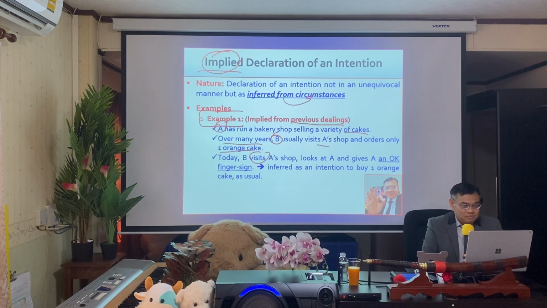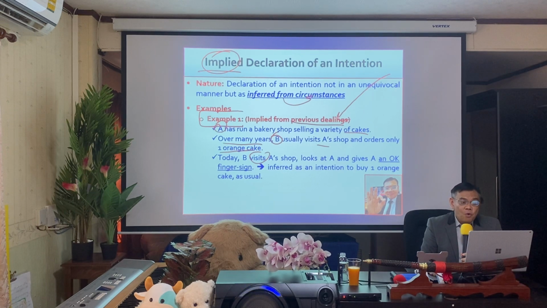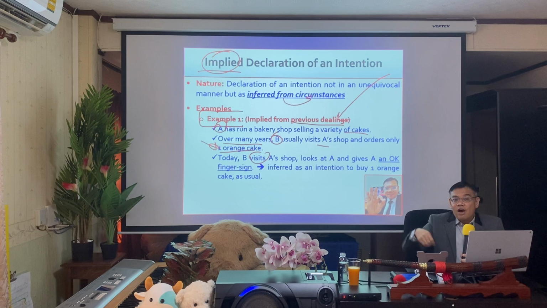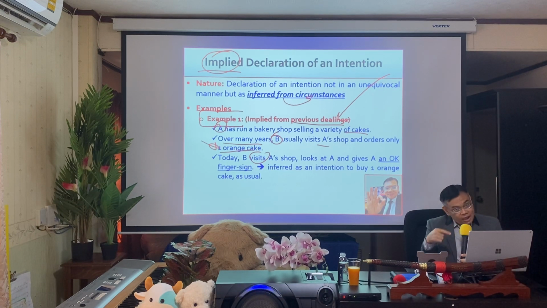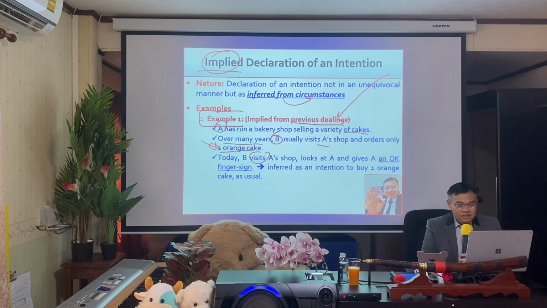It can be understood from his past dealings that he wants to order one orange cake, because over the past, let's say 5 years, over many years, B only orders just one orange cake. So when B today just says okay like this, it is understood from the past dealings that B wants to order one orange cake as usual. They say in this case, this is the implied declaration of intention.